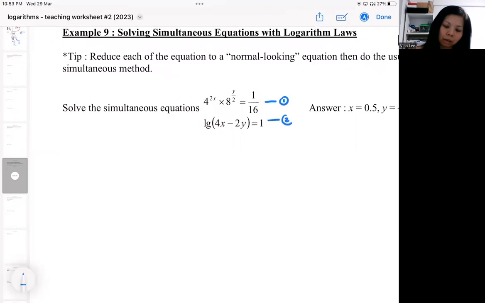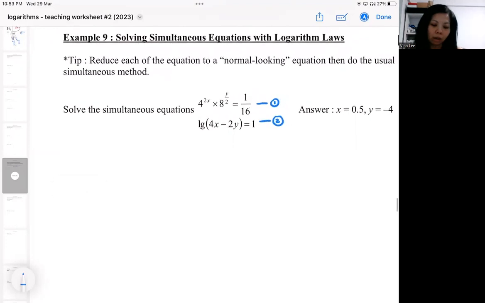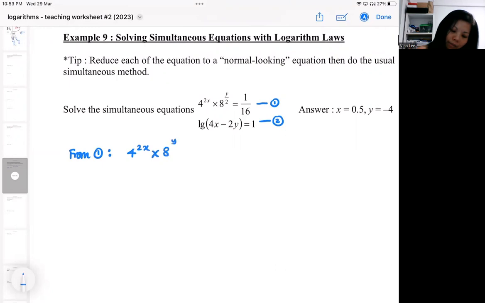Generally, no matter whether it is indices or logarithm, we try to reduce it to the usual simultaneous equation, the kind that you see in Sec 2, then you apply your Sec 2 simultaneous equation method. So equation 1 looks like an exponential equation in indices, so we try to make everything the same base.